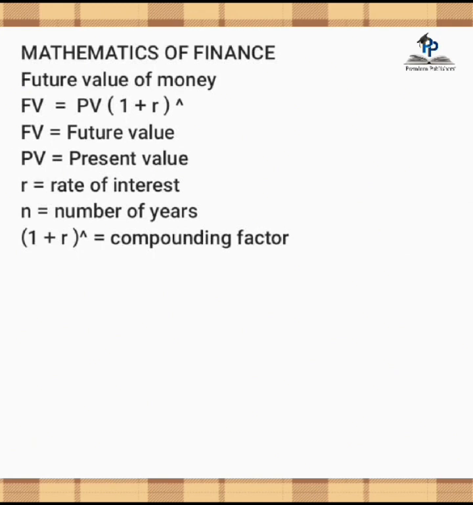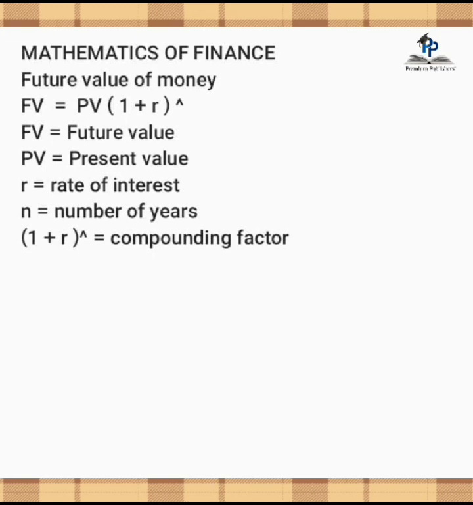Compounding there means multiplying the present value in order to get the future value. In a simple language, you can only compound the present value to get the future value.